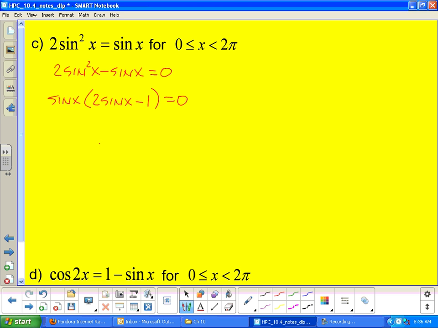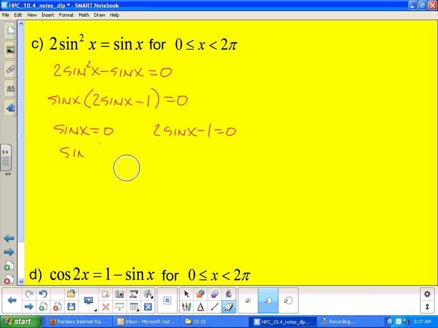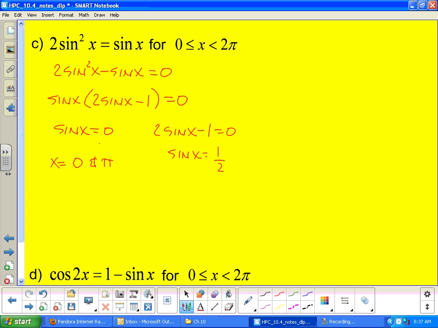We're ready for zero product property here, so sine of x would equal 0, and 2 sine of x minus 1 equals 0. So sine of x equals 0 happens in 2 places. Sine is equal to 0 at 0 and at pi. And solving for sine of x here is adding the 1 and dividing by 2.